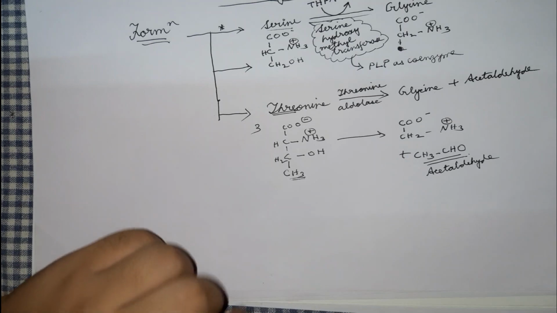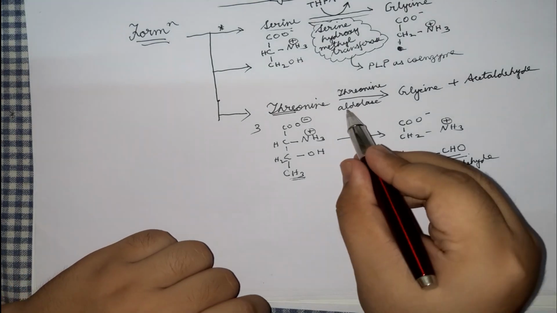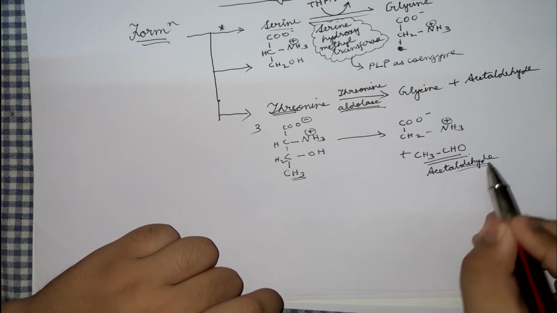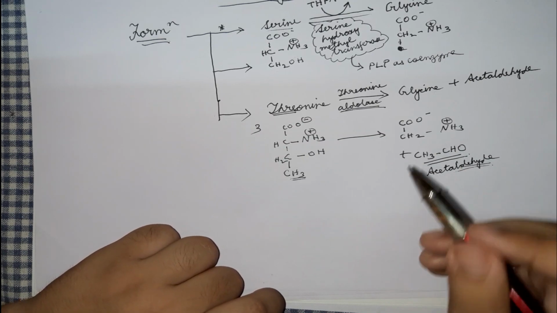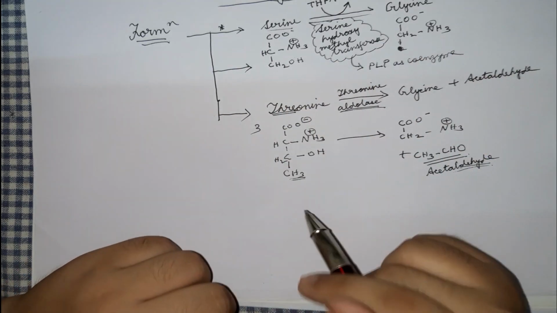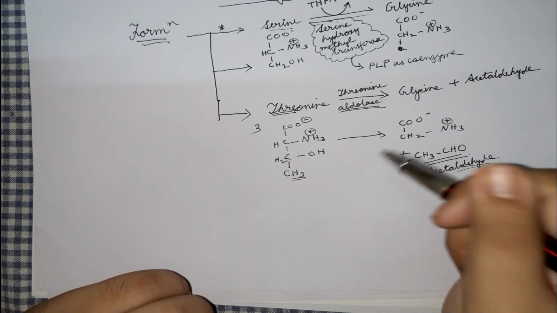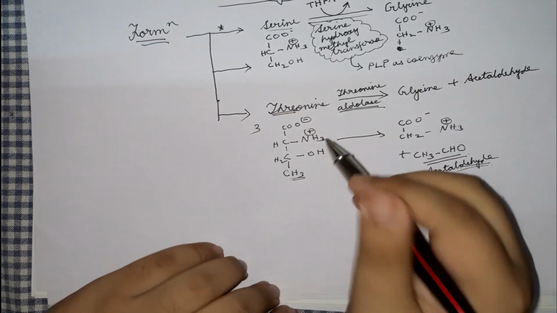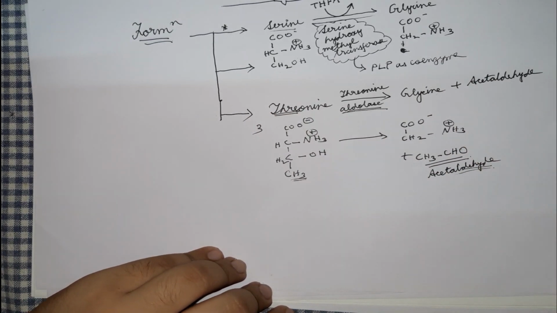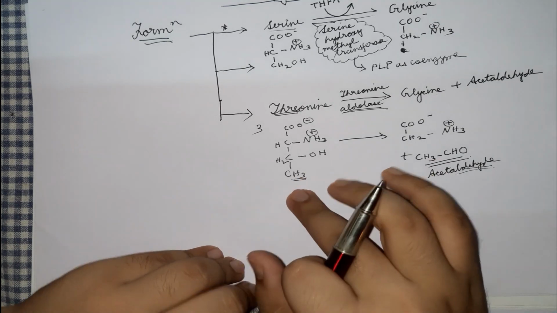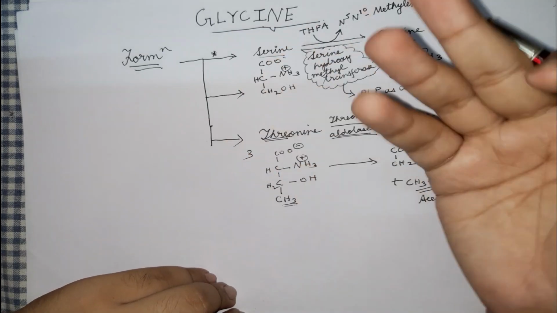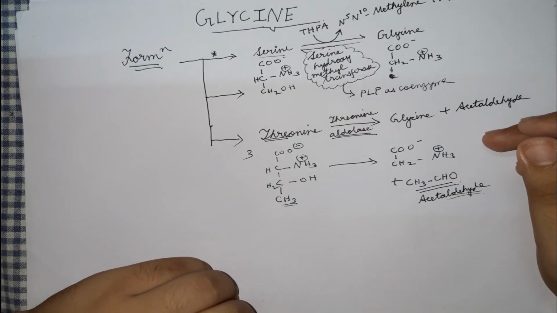Right? So aldolase, aldehyde, rings a bell. See, mnemonics are scattered all around. All we need to do is find them. So threonine aldolase is splitting this threonine, and we are getting obviously glycine here and acetaldehyde. And we know the structure of threonine and serine as well. So it's a double profit for us.